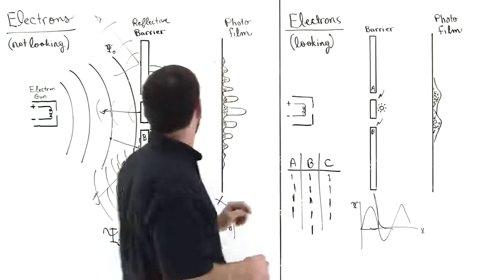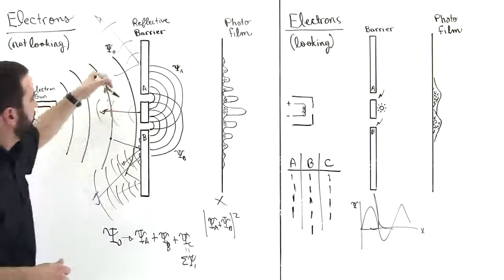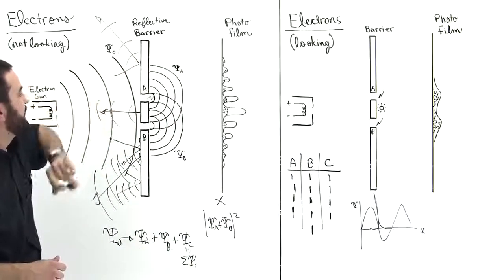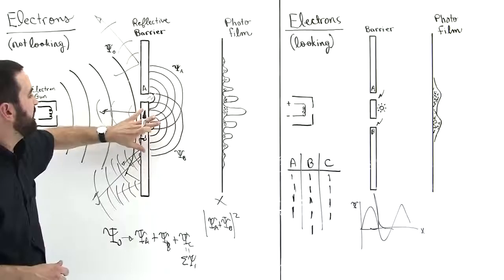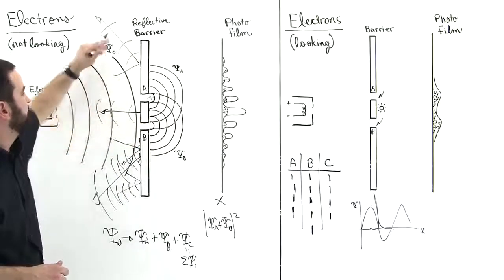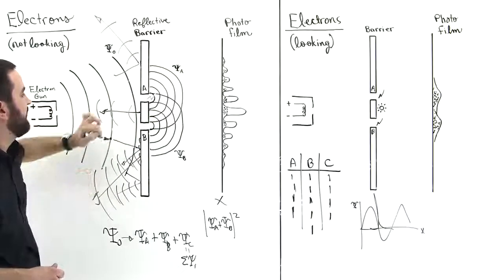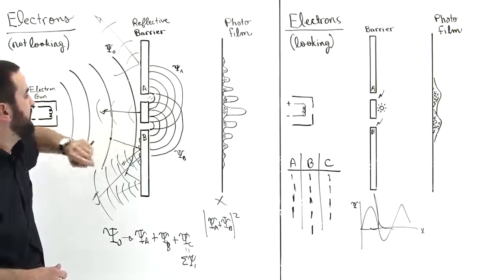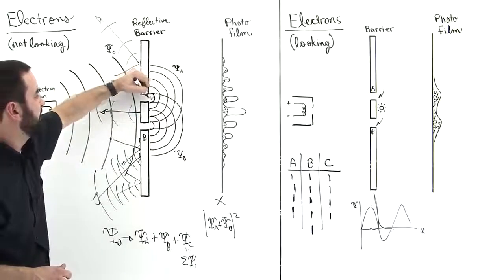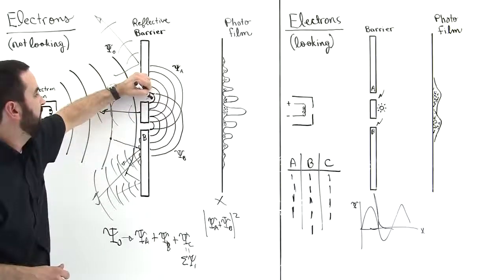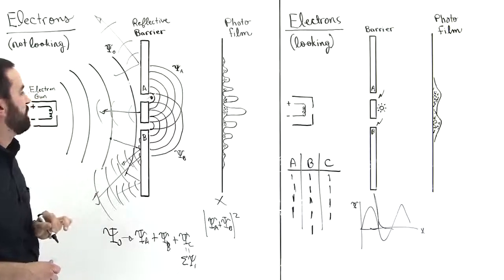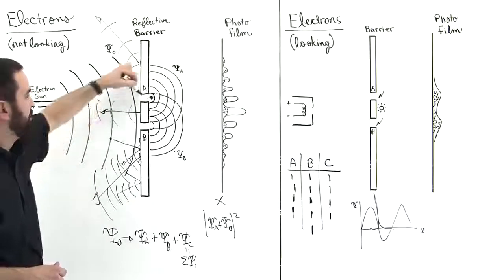And so whenever the lightning flash went off at slit A, the entire wave function ceased to be everywhere on the back side, reflected back.